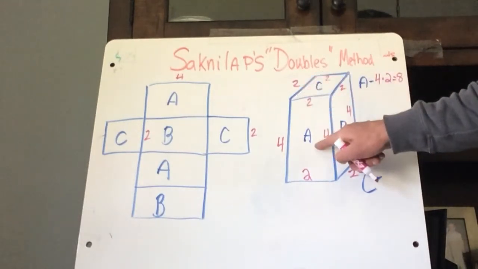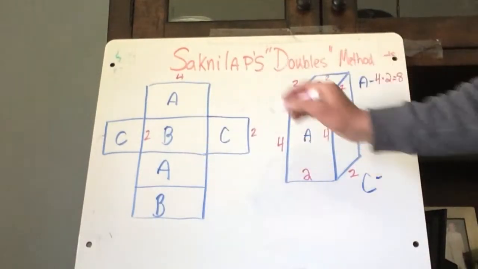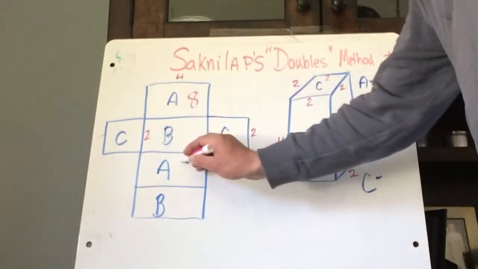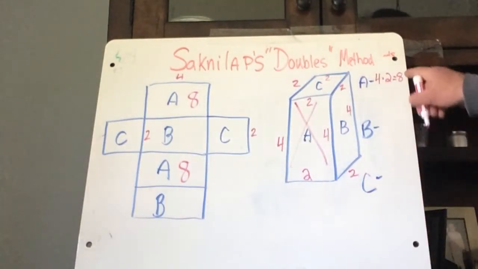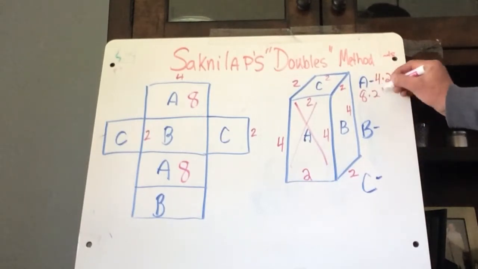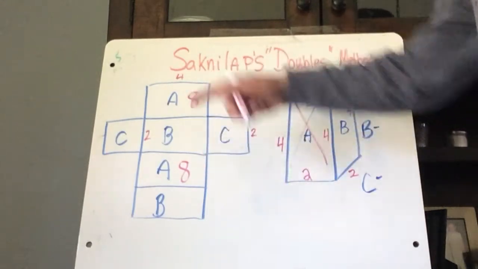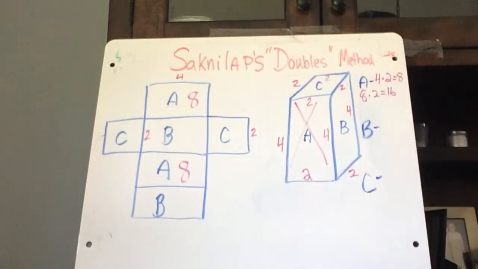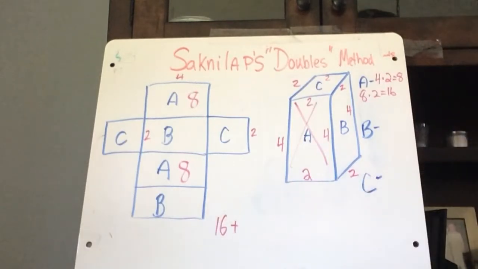There's a front and a back. So if this is 8, then this is 8 as well. I'm going to cross this off because I know I'm done with it. 8 times 2 is 16. So our A faces add 16 to the surface area.